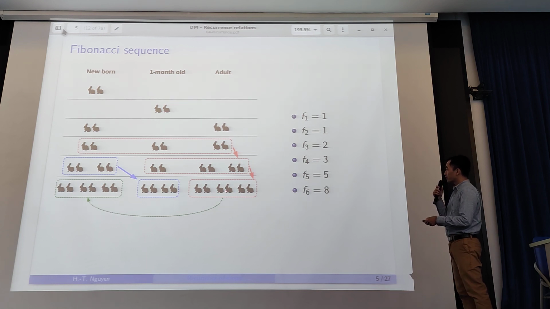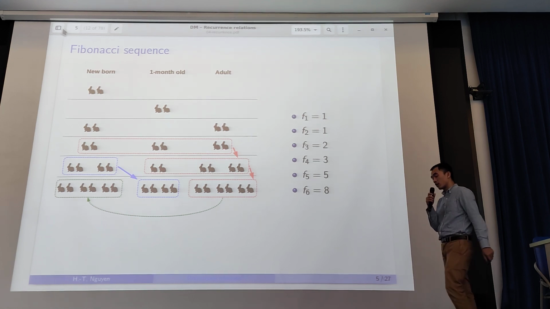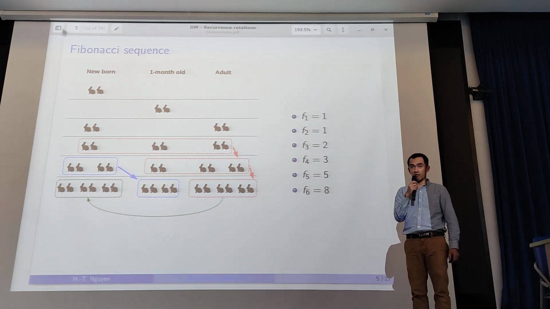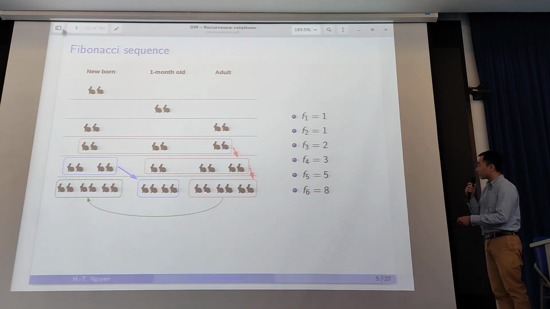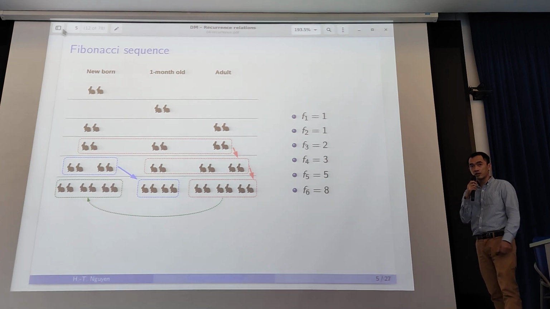In fact, if we go back 2 months, then the adult rabbits present at month 6 are exactly all the rabbits which were present at month 4. At month 6, if they are at least 2 months old, that means that they must exist already at month 4.